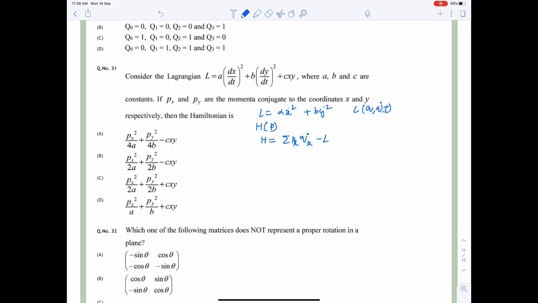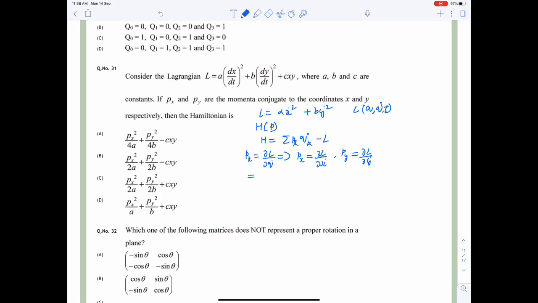The formula is pk equals del L upon del q dot. So when you apply this, it will become px equals del L upon del x dot, and also py equals del L upon del y dot.